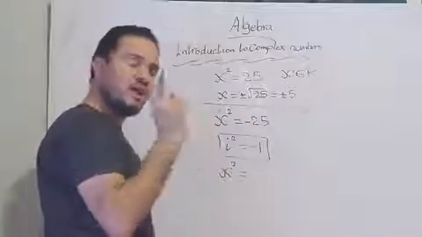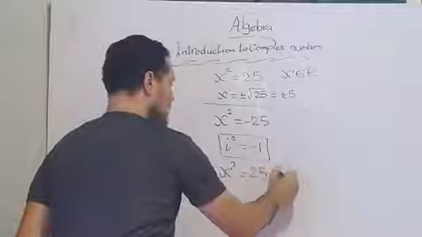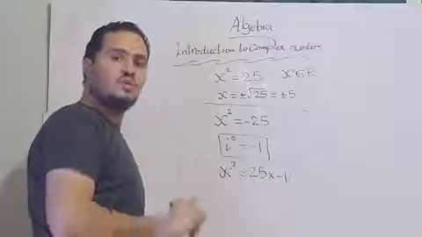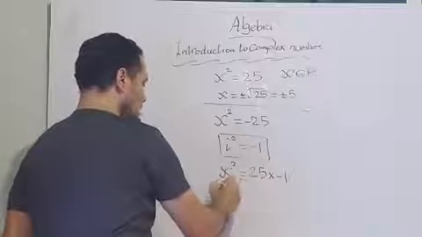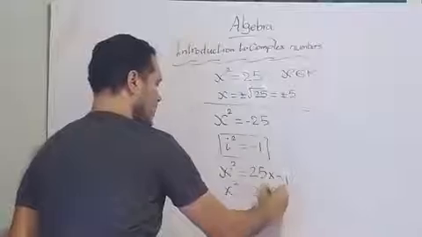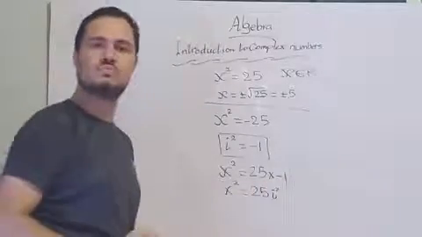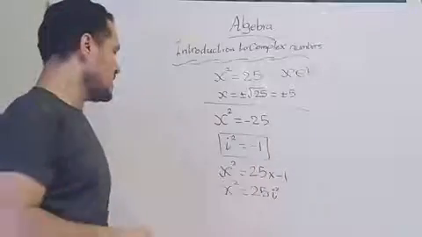Negative 25 is 25 times negative 1, which will be replaced by i². So x² = 25i². So any negative 1, replace it by i².